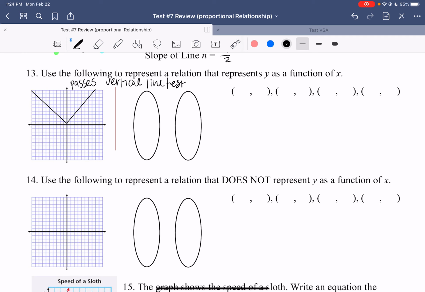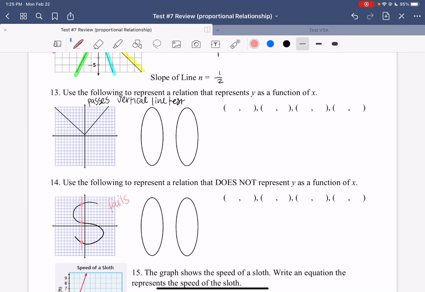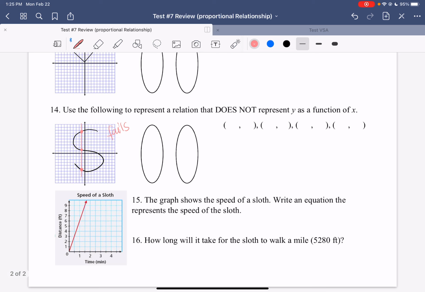Whereas if I were to draw something like this graph here, if I were to take my vertical line that I drew up here, and stop right here, you notice that this pink line crosses the graph at more than one point. So this fails the vertical line test. So you can use those points and go from there. So that would not represent a function, okay?